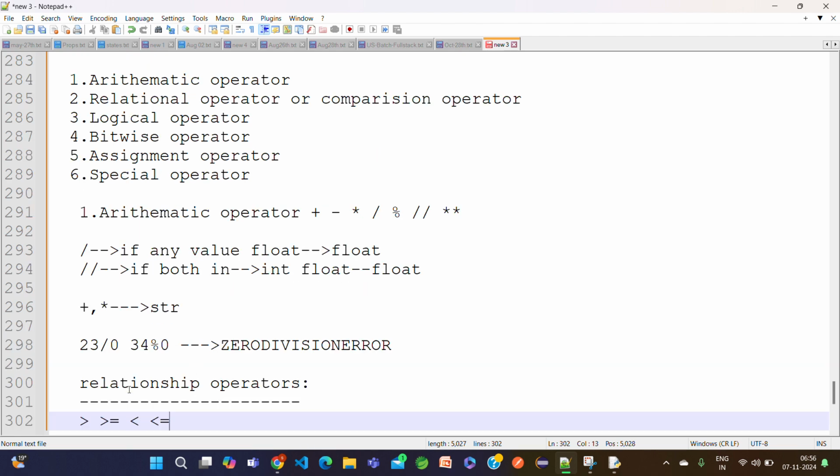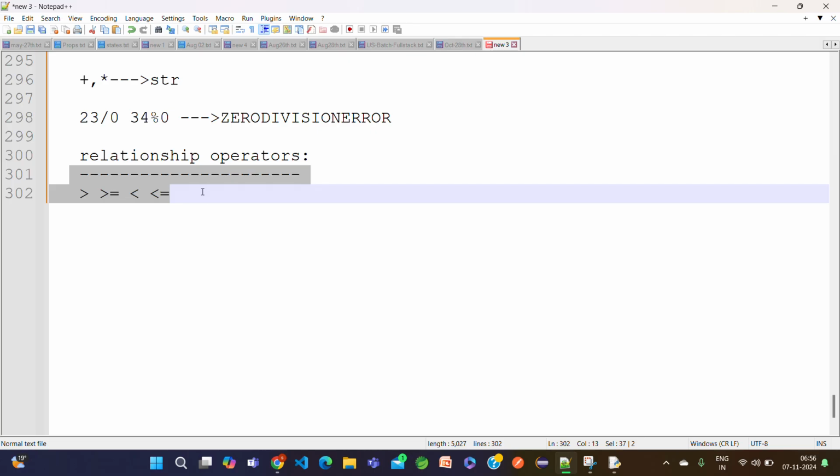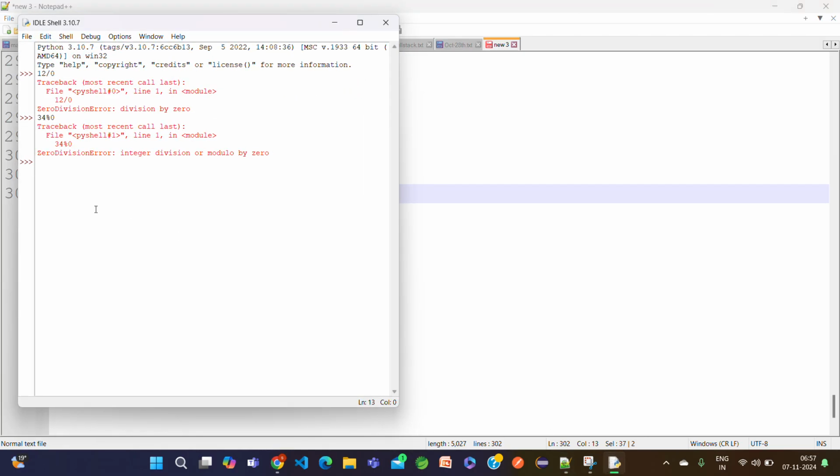Observe: a equal to 20, b equal to 10. a less than b is false. a greater than b is true. a less than or equal to b is false. a greater than or equal to b is true.